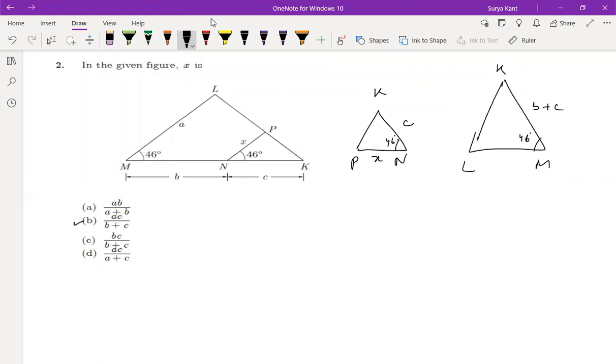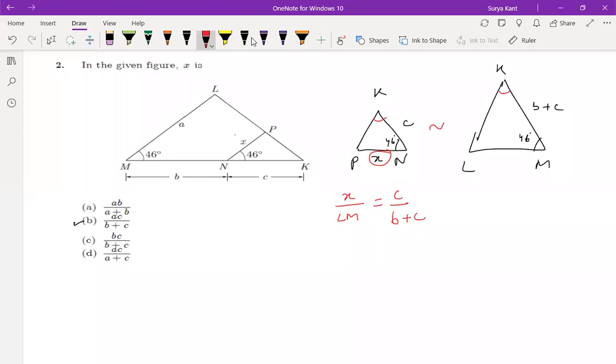Okay. Samarth, then what to do here? By which similarity are these both the same? By which congruency are these both the same? AA. 46 is coming and K is common, right? So we can write here what they're asking, X. See here, X we have to find. So X by LM is equal to C by B plus C, right?